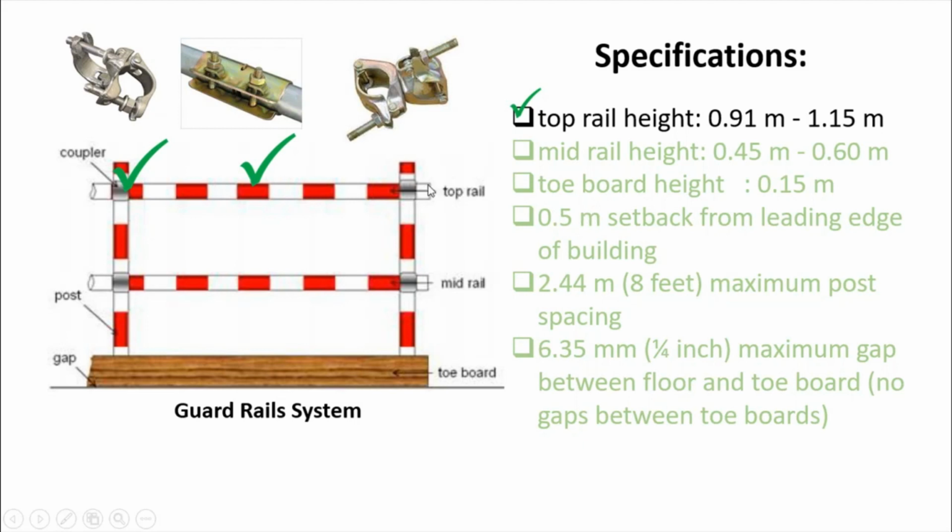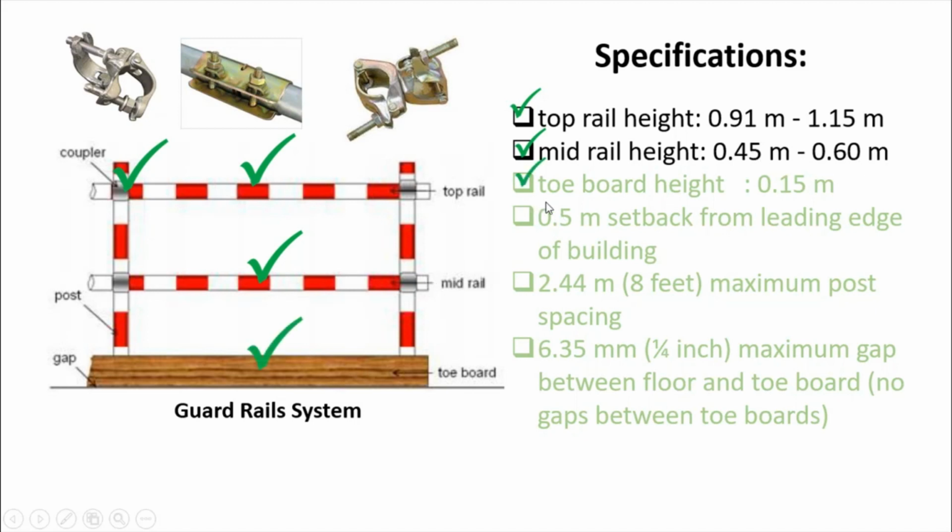Or we can also put another pipe horizontally on top of the top rail, but the minimum is this design: the top rail, mid rails, and the toe boards. Mid rails 0.45 meters from the floor to 0.60 meters.